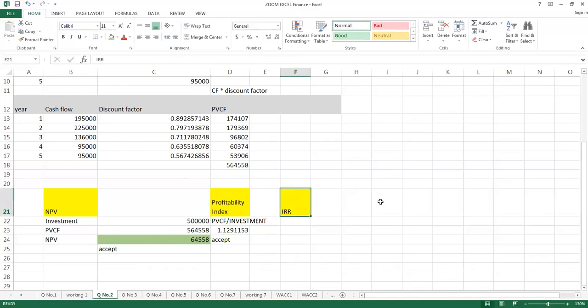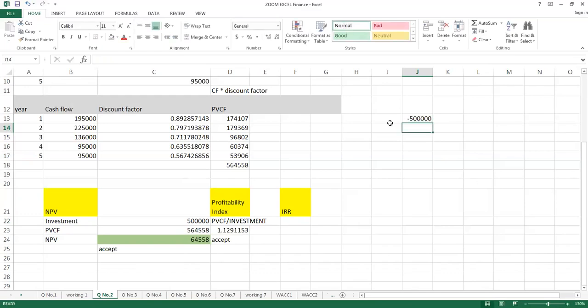To calculate IRR, I would suggest that you check my video that is specifically addressing this method. But I'm describing it here again so that you can understand that even when you have a lot of information in one question and the question looks like a jumble, you can still calculate IRR in a very easy way. So to get IRR, I will simply take my investment in negative form.